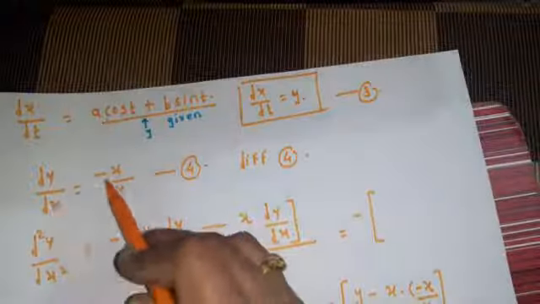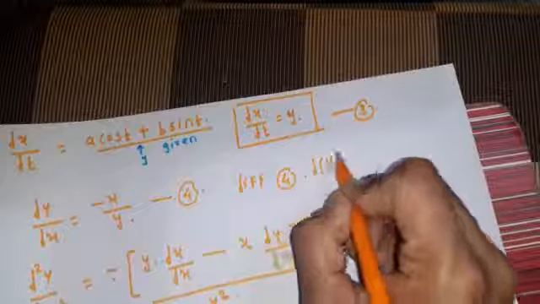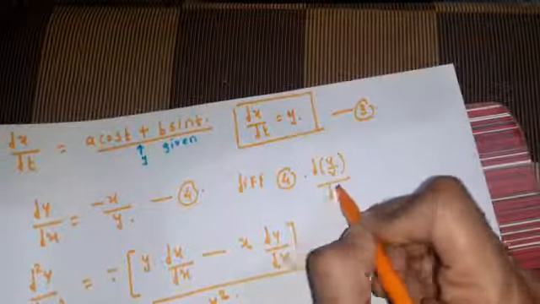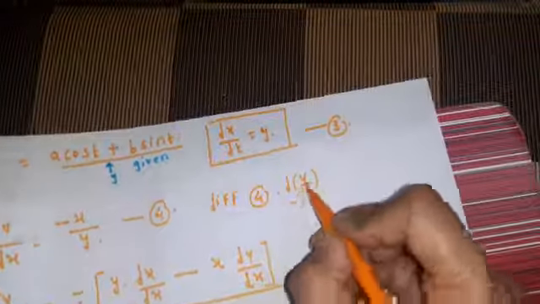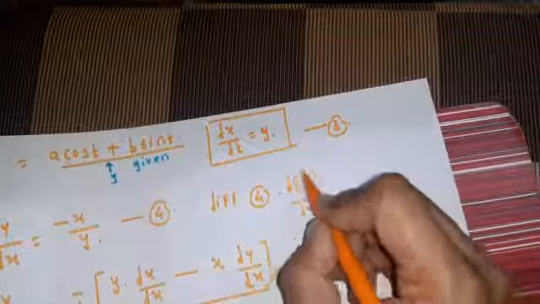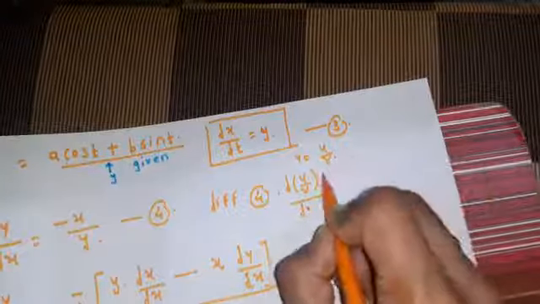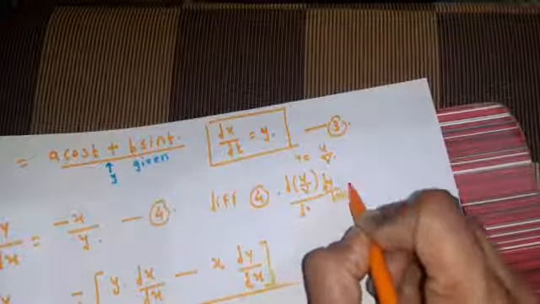So here dy by dx by using u upon v rule. What is the u upon v rule? That is differentiation of u upon v with respect to x. What is the formula? That is, if y equal to u upon v, then dy by dx equal to, what is the formula?